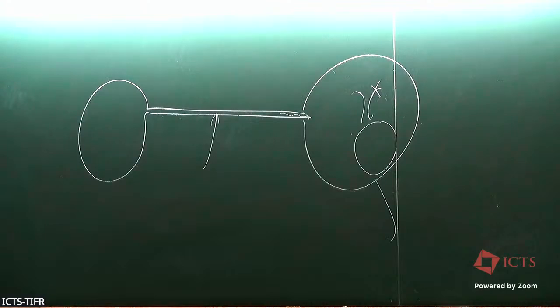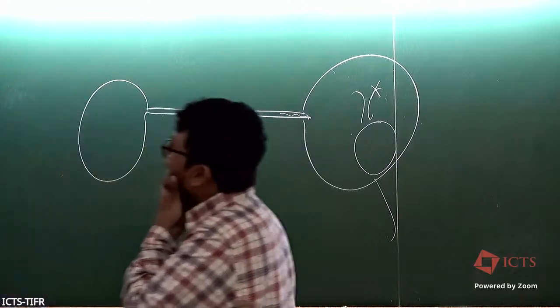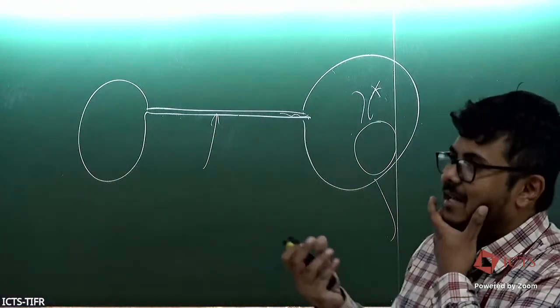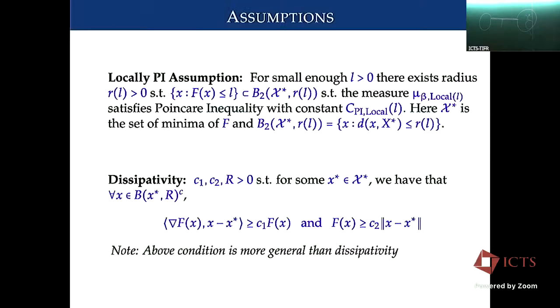That's the condition that we are going to write down. So the condition we want is that a local Poincare assumption holds. Specifically, for a small enough L, think of L as the suboptimality, there exists some radius R(L) such that the set of L-suboptimal region is a subset of the ball of radius R(L) around X star.